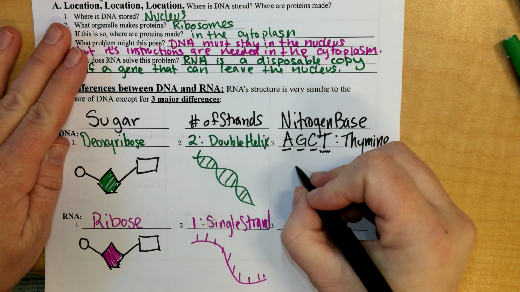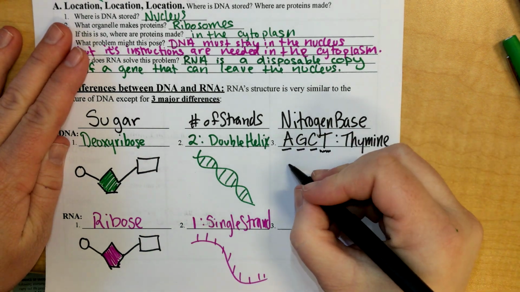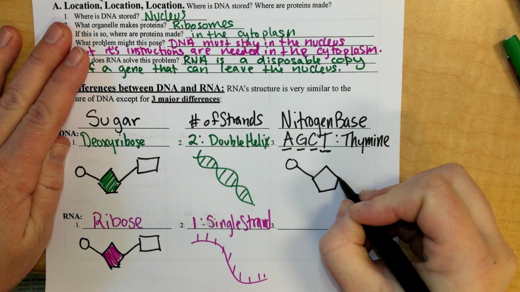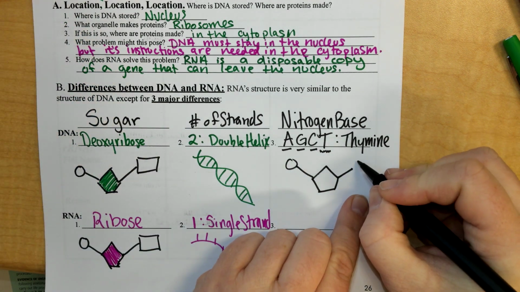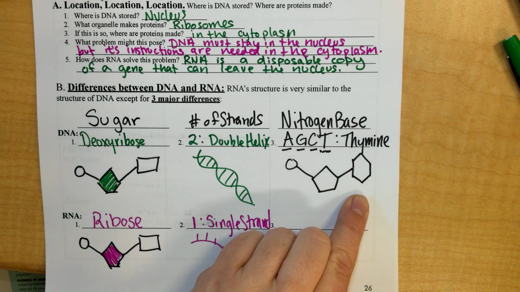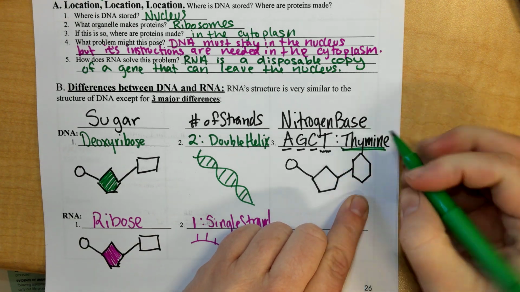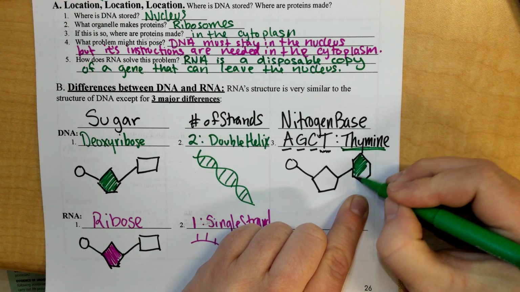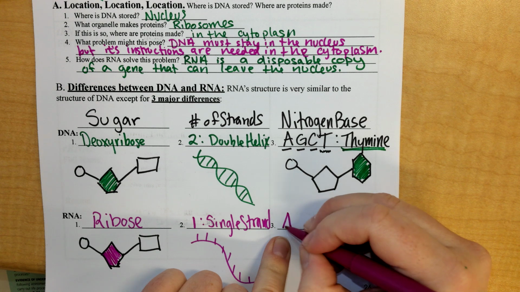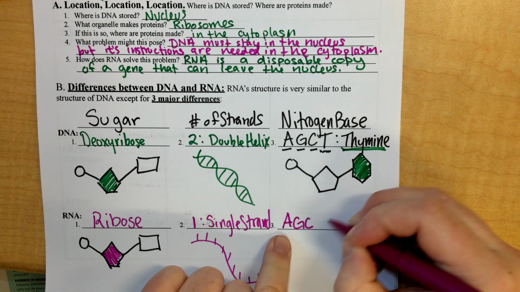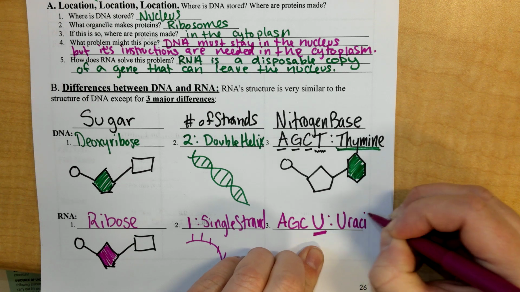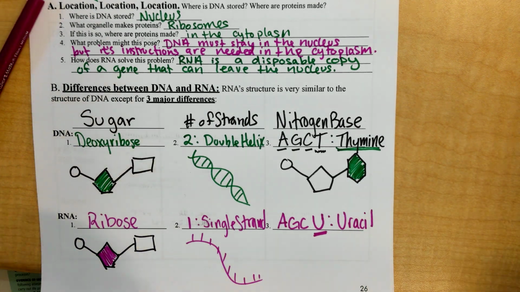So we're going to draw another nucleotide. Draw a nucleotide here. And when we draw it, we're going to draw thymine. Thymine is a little hexagon shape. I'm going to color it. I'm going to highlight this in green. And the nitrogen bases are A, G, C, and U for uracil in RNA.